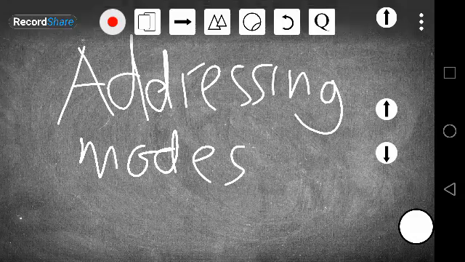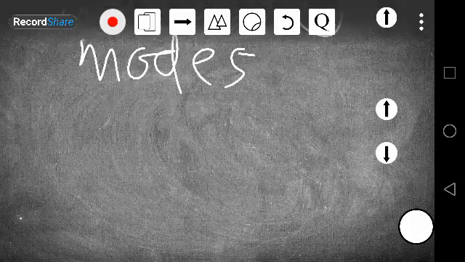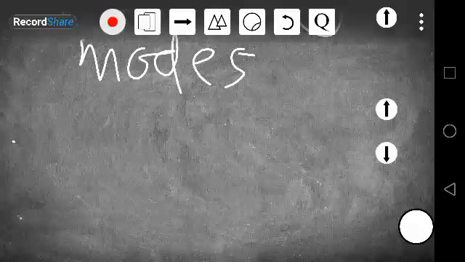So here we are saying every location in memory has its own unique address. All right?